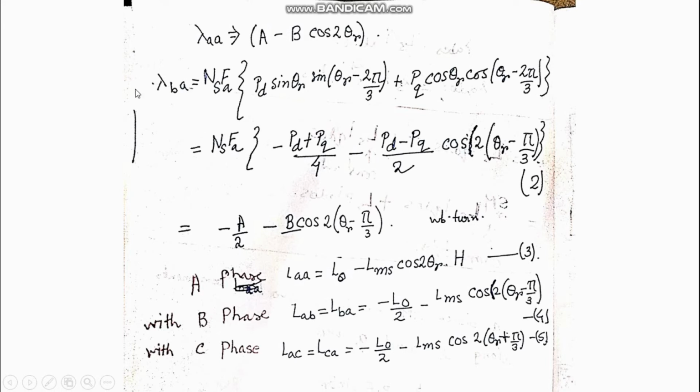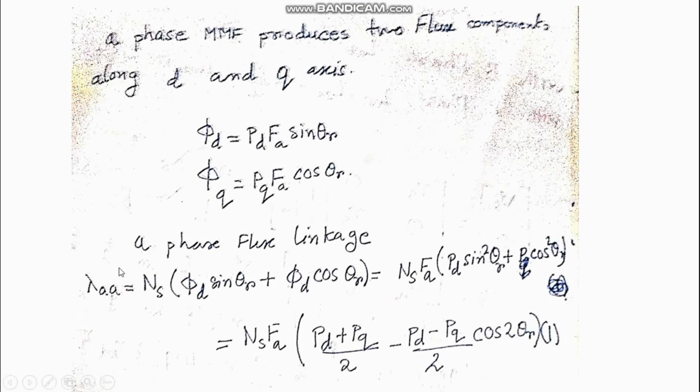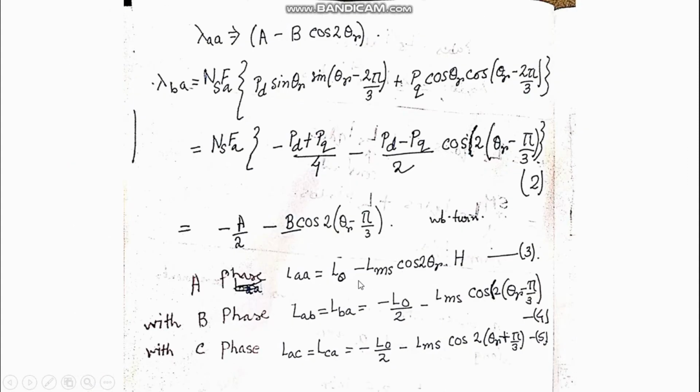So here now lambda BA can be found out in a similar manner. Only difference we need to create in case of lambda BA, that is flux linkage of B phase due to A phase current. Here we were considering A phase flux linkage due to A phase current. So everywhere we have to consider this term, this phi d sin theta r, it should be replaced by sin theta r minus 2 pi by 3, and here also it should be replaced by cos theta r minus 2 pi by 3.